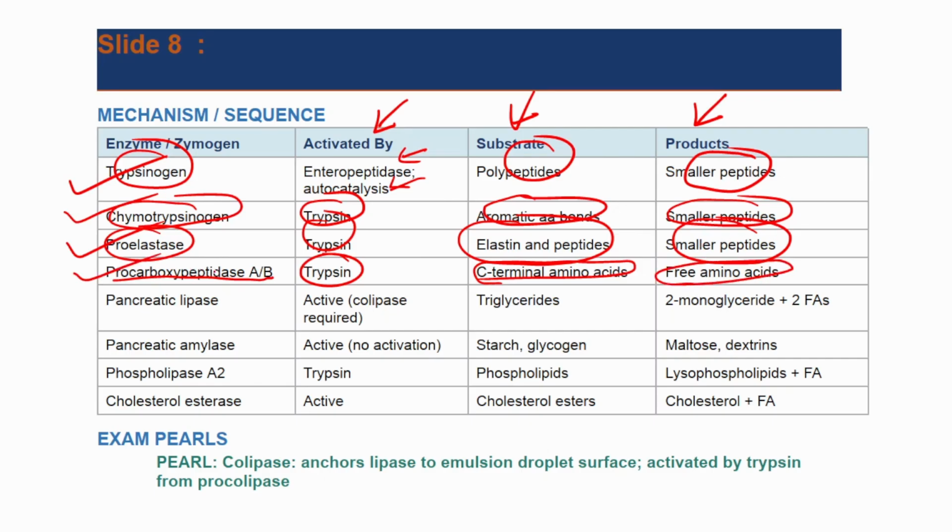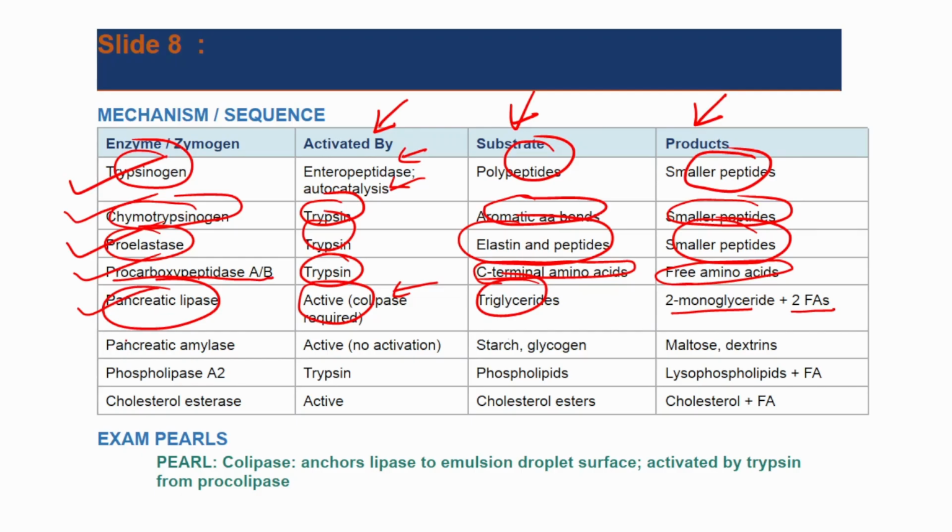Shifting gears from proteins, let's look at how the pancreas processes dietary fats. Pancreatic lipase is secreted in an active state but strictly requires co-lipase to process triglycerides, yielding 2-monoglyceride and 2 fatty acids. Now let's look at how the pancreas processes the unbroken portion of polysaccharides.